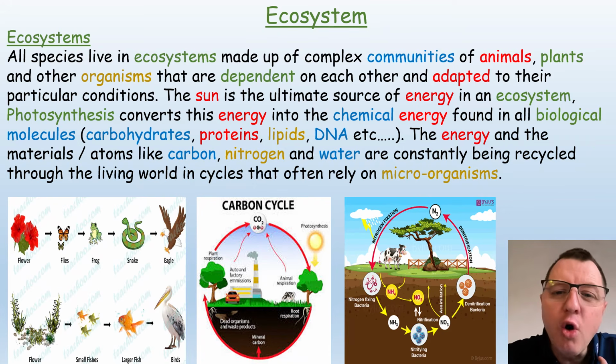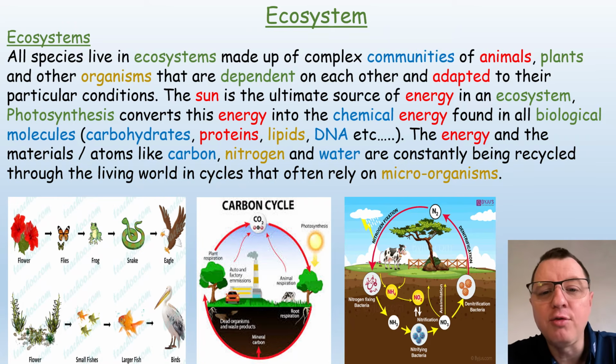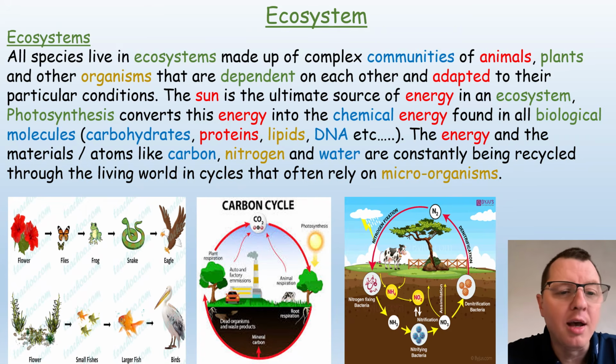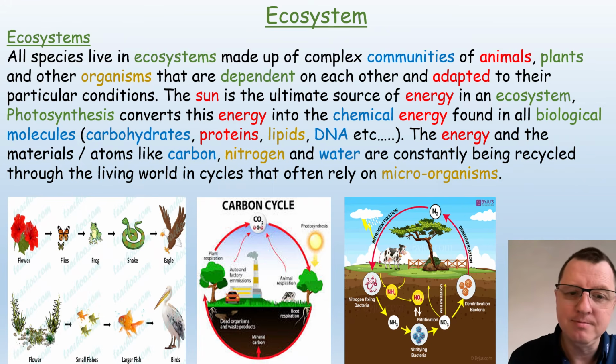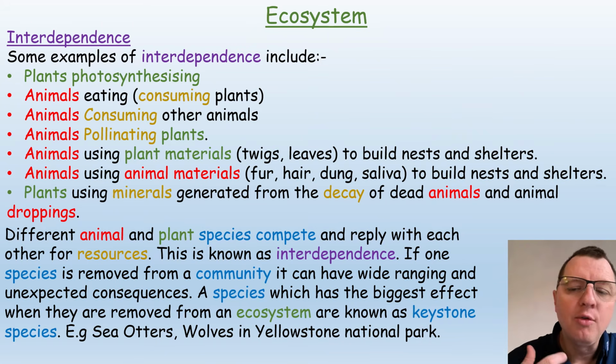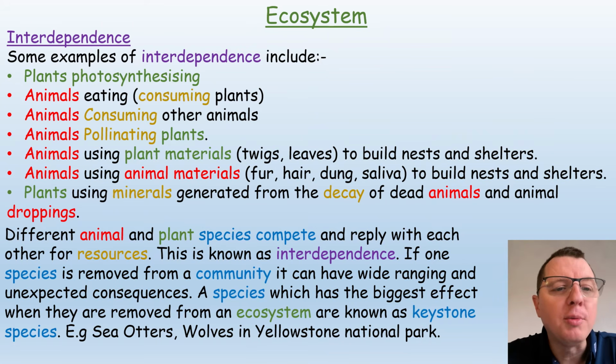The sun is the ultimate source of energy in an ecosystem, and photosynthesis converts this energy into the chemical energy found in all biological molecules, with carbohydrates, proteins, lipids, DNA, etc. The energy and the materials and the atoms, like carbon, nitrogen and water are constantly being recycled through the living world in cycles that often rely on microorganisms. This is an example of interdependence.